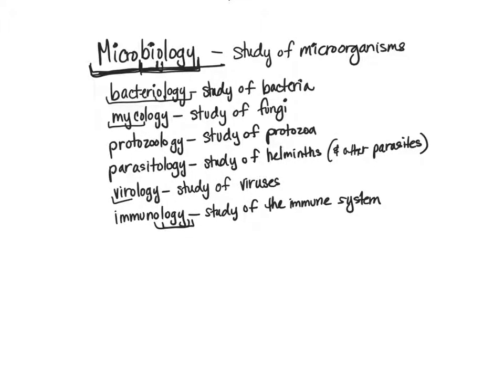So anything with ology there is going to be the study of, and then we can look at the first portion of it and see what it's related to. So immunology is the immune system, virology, viruses, etc. And so these are all of the different studies that we're going to be doing throughout the semester. So we'll be studying bacteria very closely, we'll be studying fungi, protozoa, helminths and other parasites, viruses, and the immune system. So you should be familiar with those different types of terms here and what they're related to.